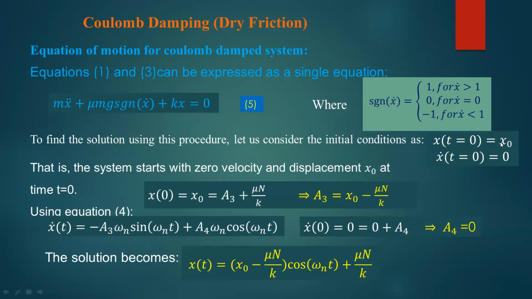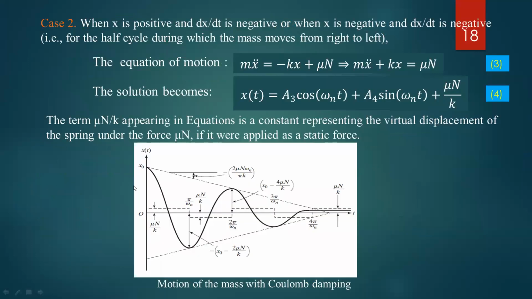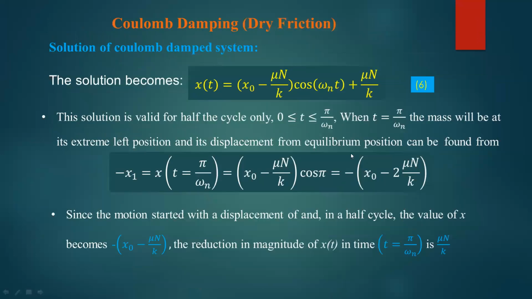Sometimes we may have velocity and maybe displacement as 0. Now let's consider velocity is 0 at time t equal to 0 and x of t equal to x naught, because as you see here, initially at 0 time there is x naught. So at this moment velocity is 0 and displacement is x naught at time t equal to 0.